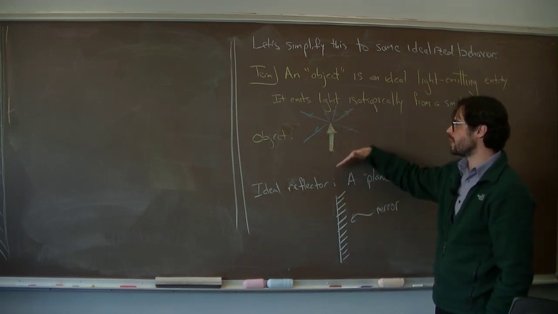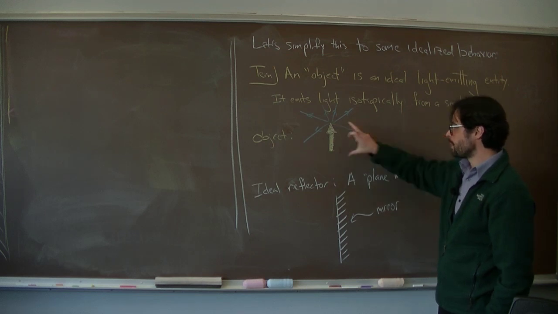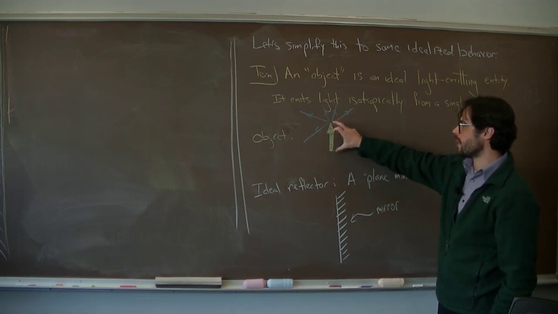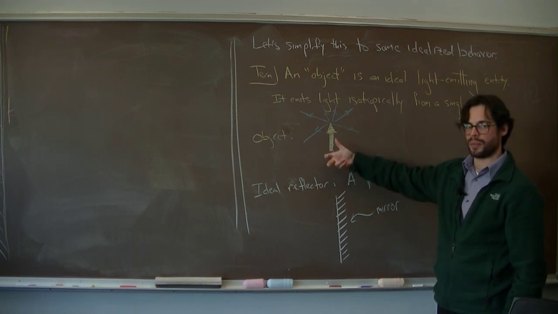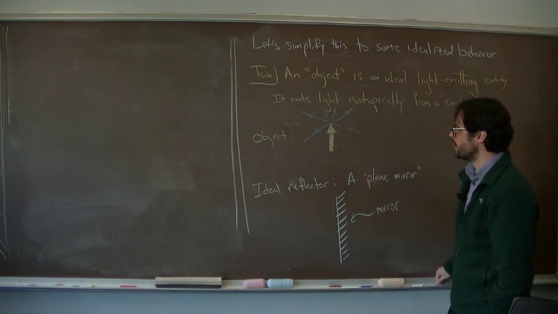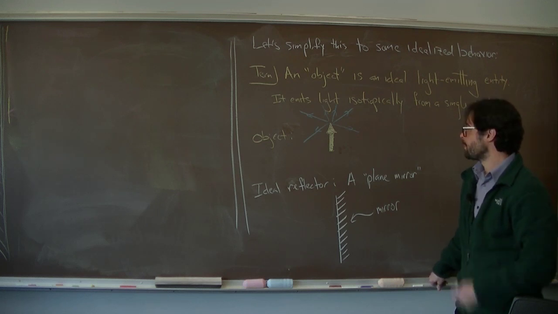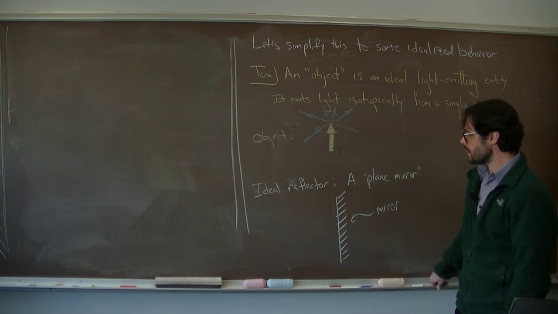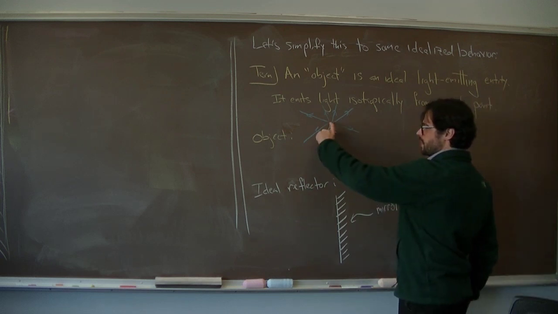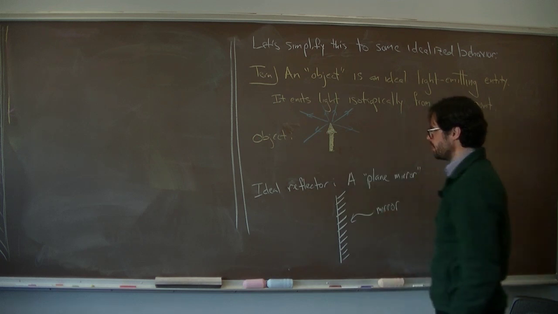So what's the whole point of the entire arrow if it's just a point? Well, the arrow lets you indicate whether or not this thing is upright or upside down. The action of lenses and mirrors will sometimes be to invert an object into an image that's upside down, and to have some sense of directionality, this arrow lets us figure out if the thing is upright or inverted after an image is formed.